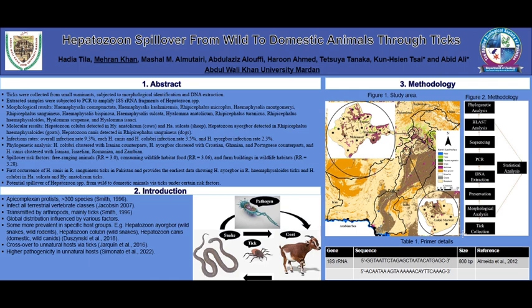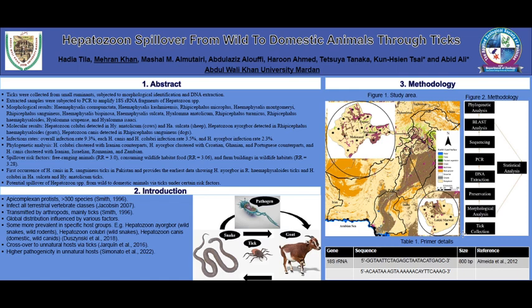First of all, ticks were collected, then those ticks were subjected to morphological analysis, and after morphological analysis, the ticks were preserved. Subsequently, the ticks were subjected to DNA extraction. Then PCR was performed for those extracted samples, and the amplified PCR amplicons were sent for sequencing.